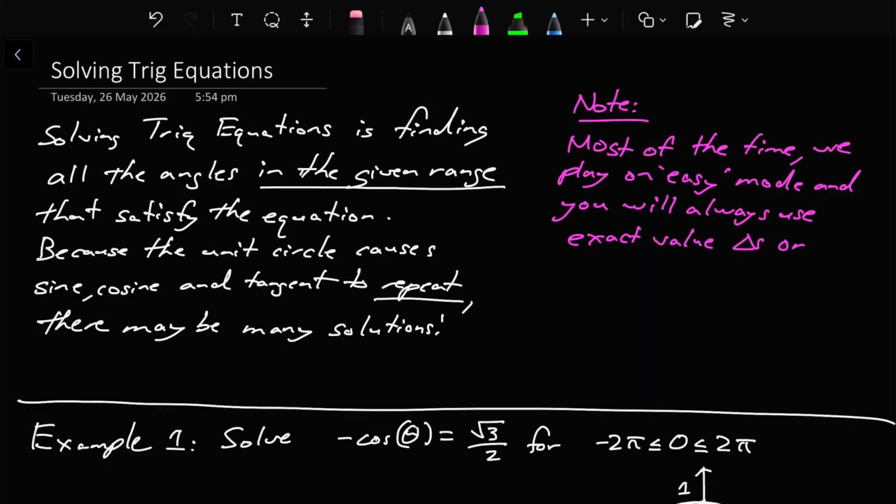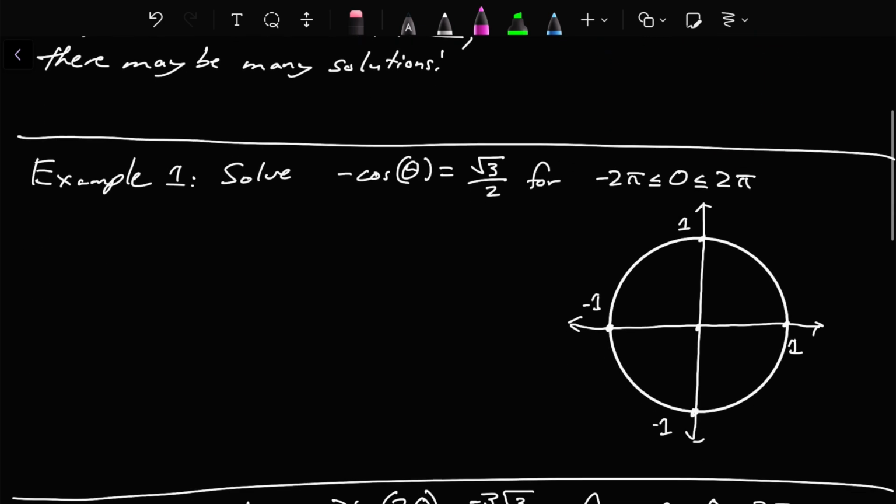Or the general solution. Because some of the values that you get might be a little bit gross, and so you either always use an exact value triangle, particularly when we're asking you to find within a range, or you use the general solution. Okay. All right, so let's do a couple of examples.